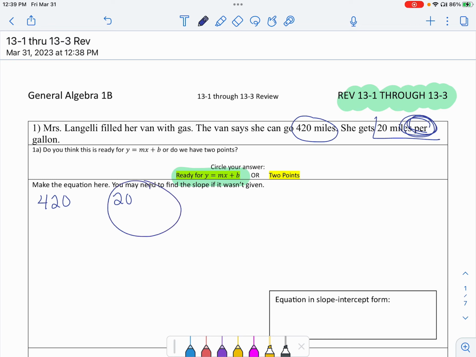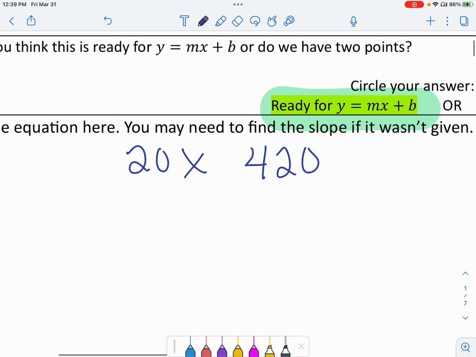Well, since it says 20 miles per gallon, that's the one that's going to get your slope, okay? Because this is the word per. That's going to make the slope. So if it's 20 miles per gallon, and I have 420, let's think about how this could relate to a car.